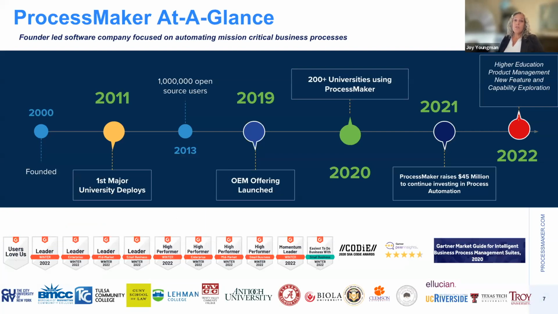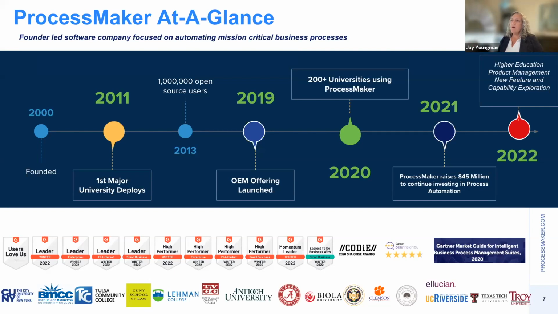Our corporate history: we were founded in 2000. We had our first university customer in 2011. But the big game changer for us happened in 2019 when we partnered. We are a platinum partner with Ellucian, and we are Ellucian's workflow product. If anybody on the call today is an Ellucian customer, let us know. We are what they term Ellucian Workflow. Our system is agnostic. It does not matter what systems you connect to, but with Ellucian, we are a platinum partner.